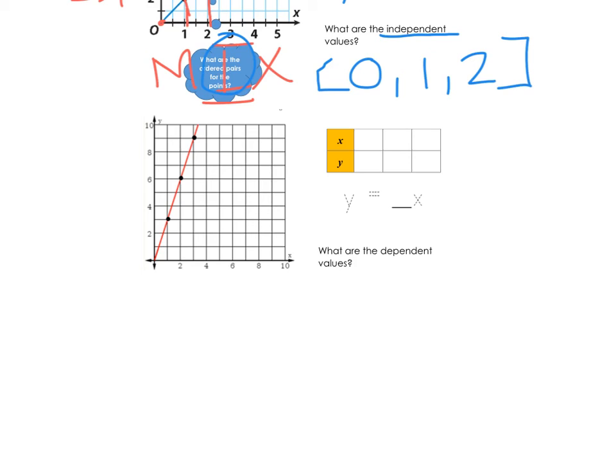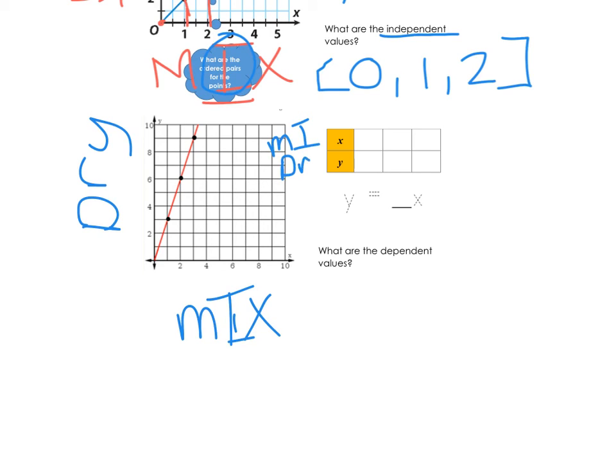So again, my table's still going side to side, but I still have my dry for my y and mix for my x. So remember, mix for x, dry for y, because x are your independent, y is your dependent.